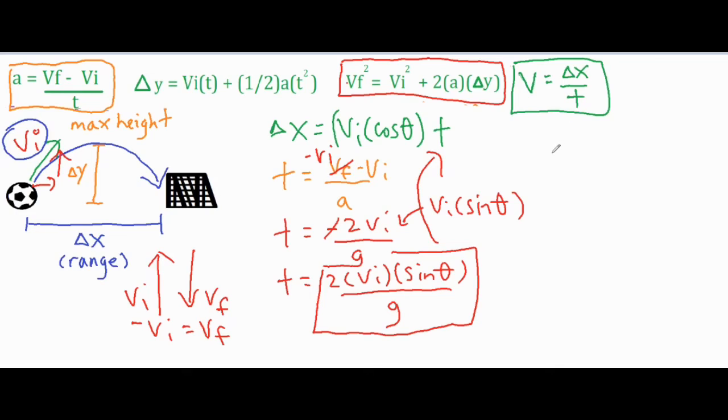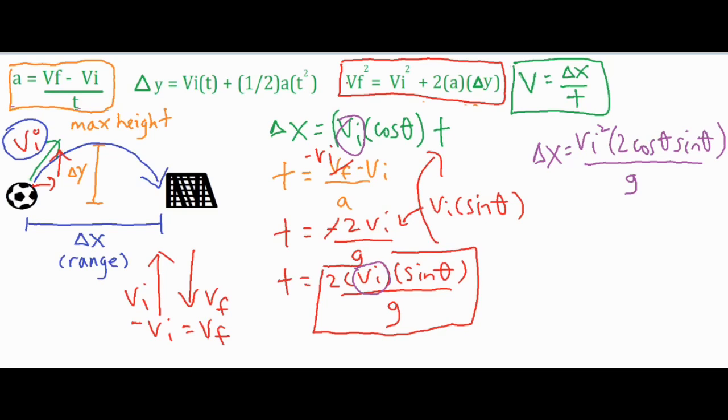When we do that, it's going to look like this: delta x equals vi squared, because of this vi and this vi over here, times 2 cosine theta sine theta, all over g.